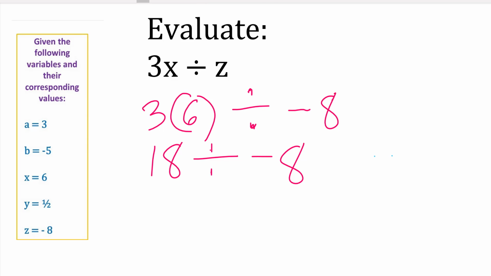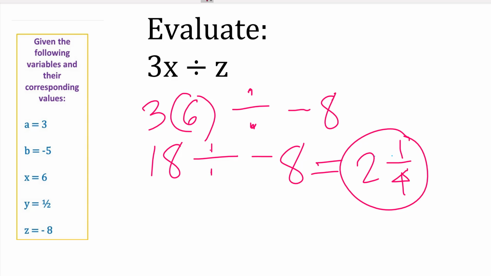So 18 divided by 8 should be 2 and 1/4. All right, 2 and 1/4.